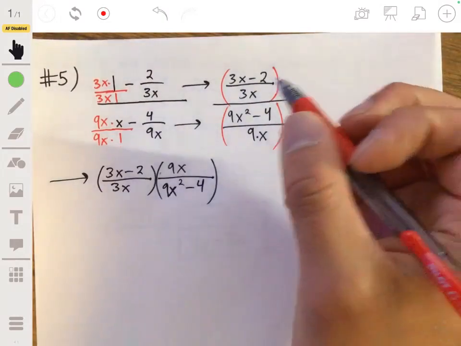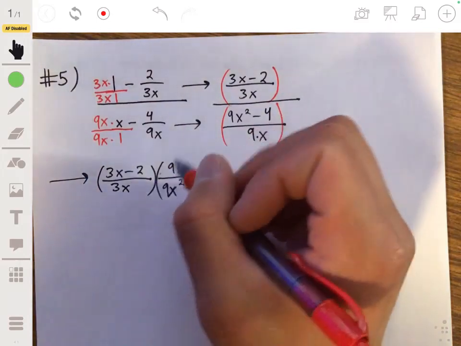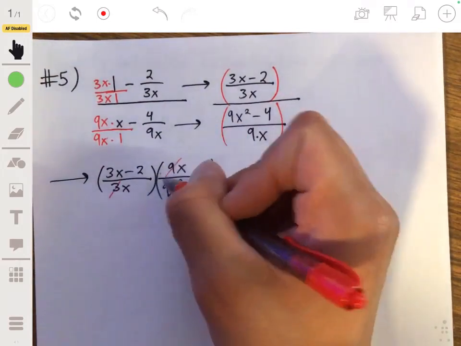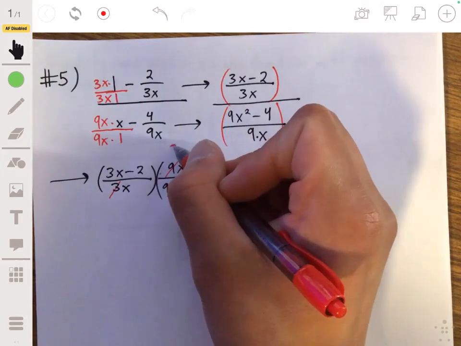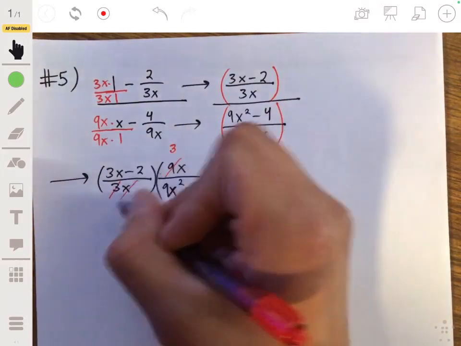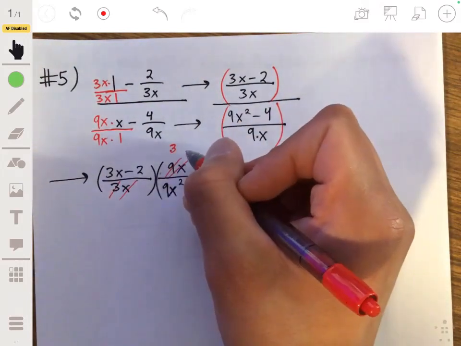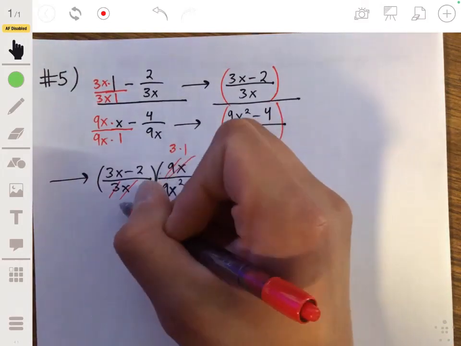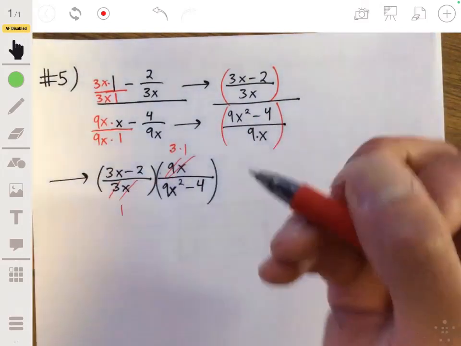Now, what's going to happen here is that first this 3 and this 9 are going to reduce to 3. These x's will cancel, it just becomes like a 1. So this right here just becomes 1.